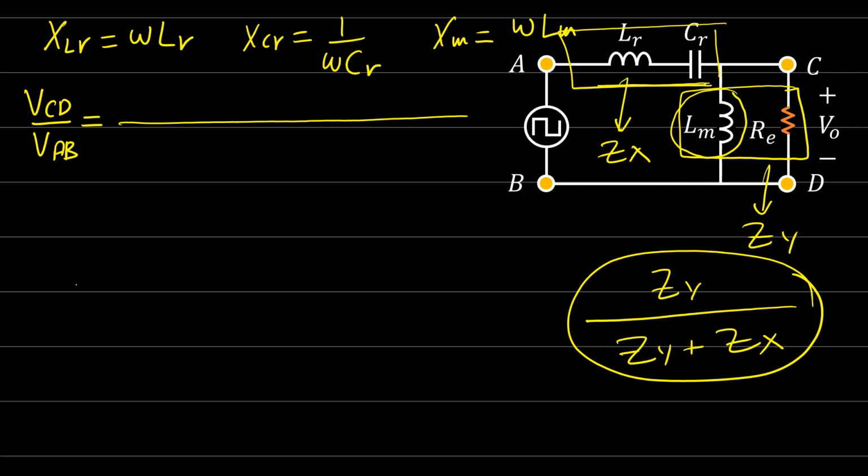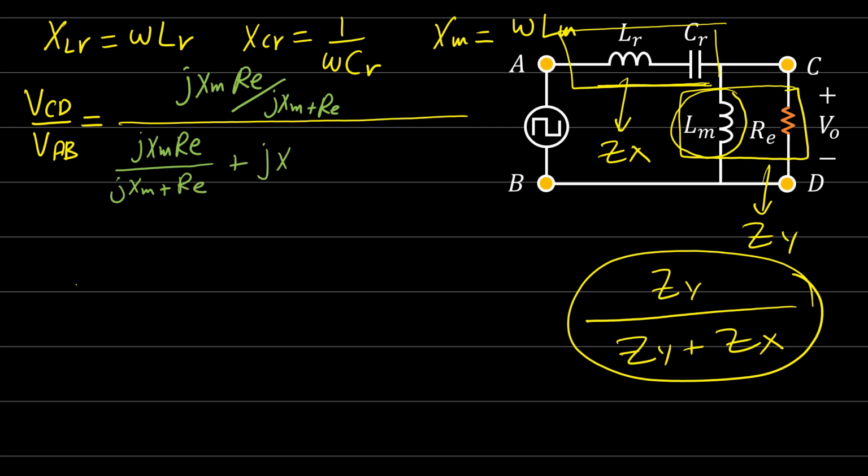The equivalent for the output term, ZY, is equal to jXM RE over jXM plus RE. And for the lower term, jXM RE over jXM plus RE plus jXLR minus jXCR.